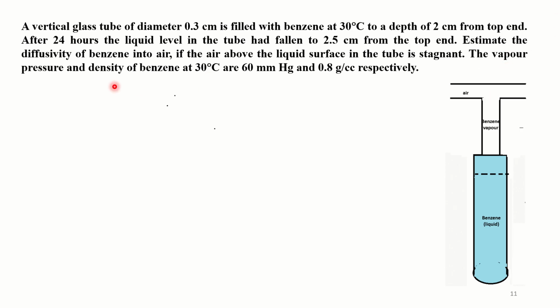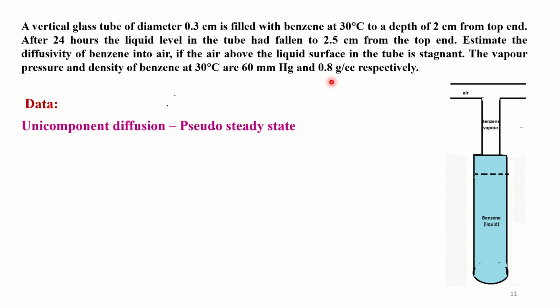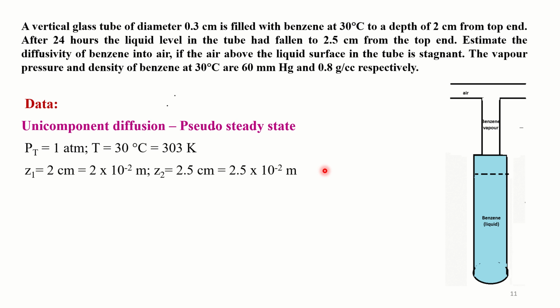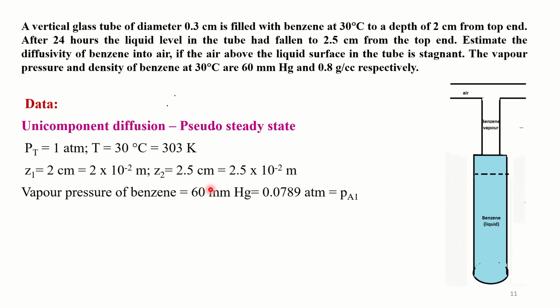Then vapor pressure and density of benzene at 30 degrees Celsius are given. Now we'll note down all the data. Let us list out the data. The problem falls under unicomponent diffusion involving pseudo steady state: total pressure, temperature, initial height, final height, then vapor pressure of benzene, which is given as 60 mmHg, convert that into atmosphere. This is the vapor pressure at the liquid surface.